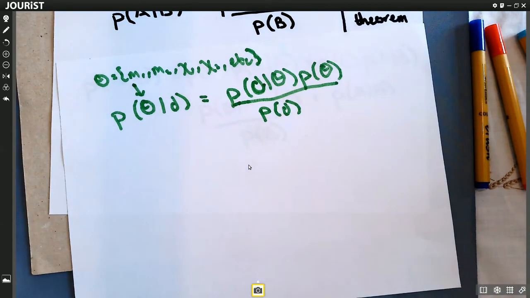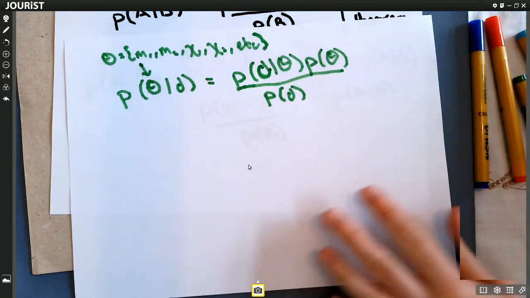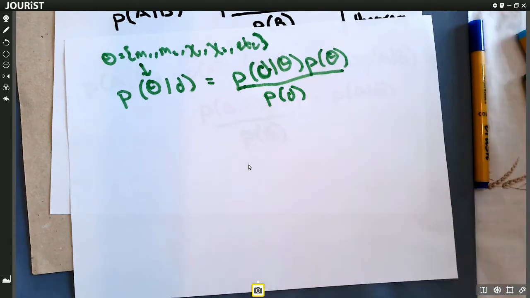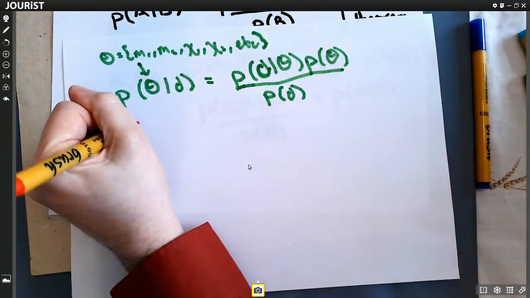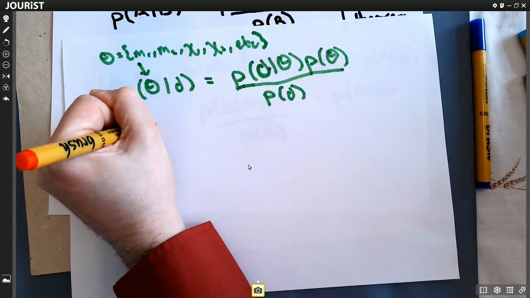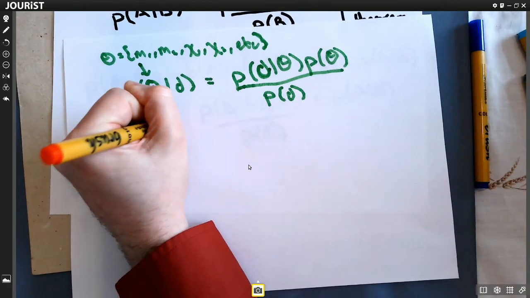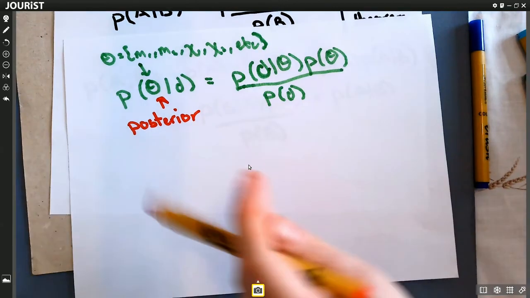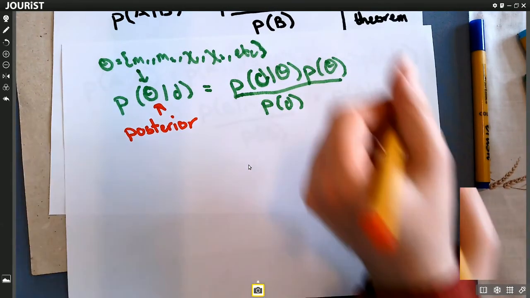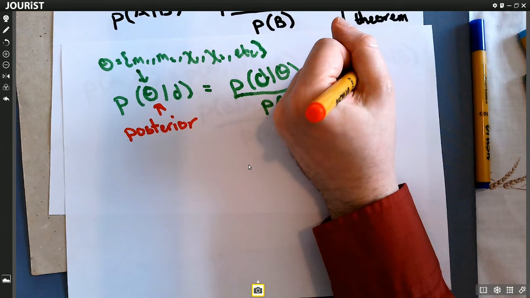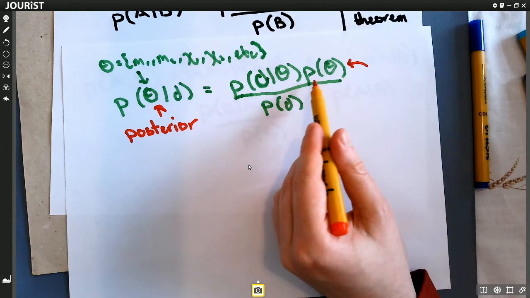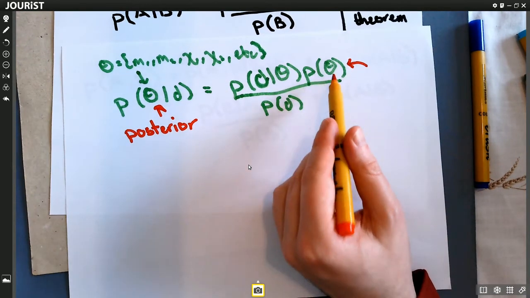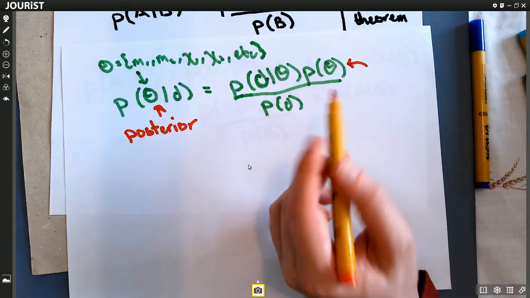And within Bayesian inference, these different terms have different names. So this term here is the posterior, because this is what we get out the back. This is the thing at the end of the calculation. This term here, what we are assuming about the source parameters before we observe them, is called the prior.